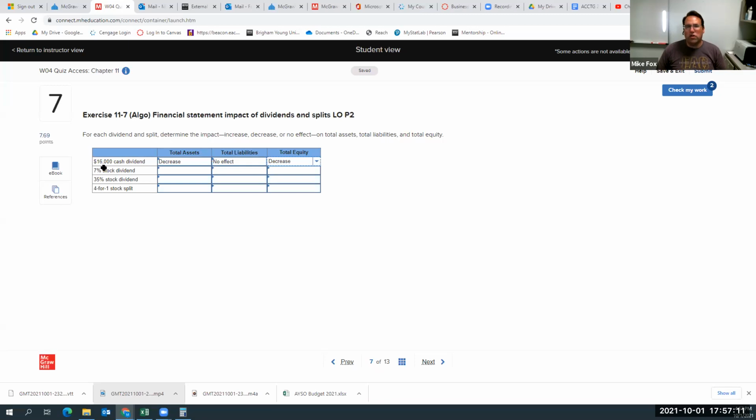So the second one is what's called a stock dividend. In a stock dividend, rather than pay out cash, we issue new shares of stock. So what happens with a stock dividend is our total assets don't change. There's no effect on the total assets, and there's no debt involved, so there's no liability change.